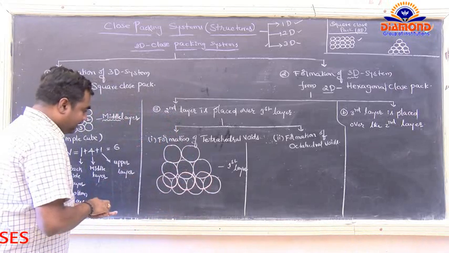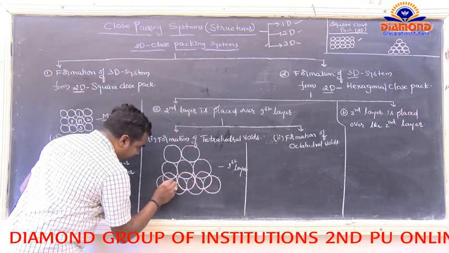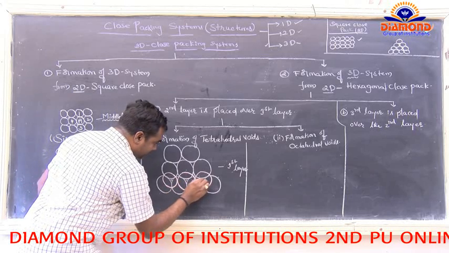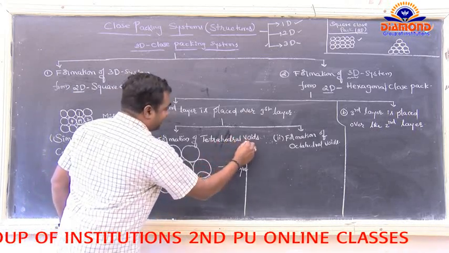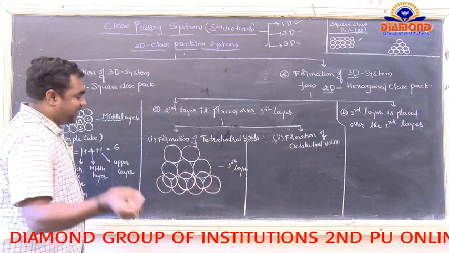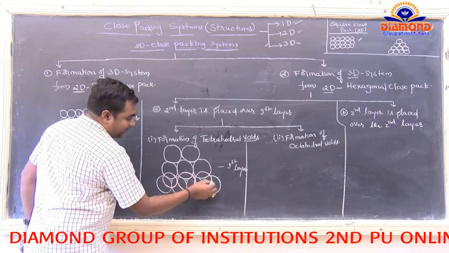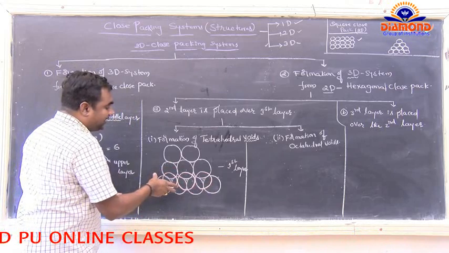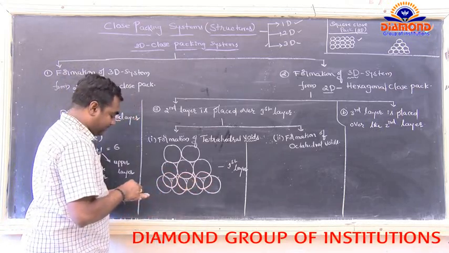If you see, here is the vacancy. Here is the vacancy. Here is the vacancy. So the vacancy is called the void. What does void mean? Void means an empty space. So the spheres present in the second layer cover the spheres of the first layer.